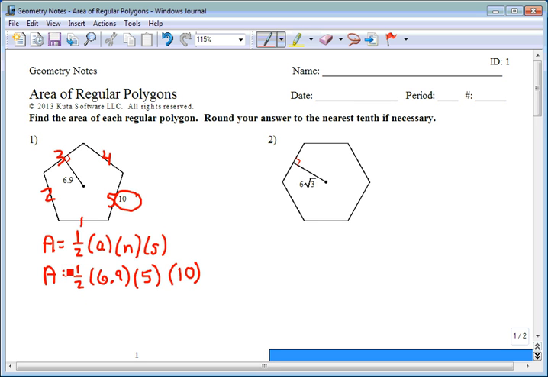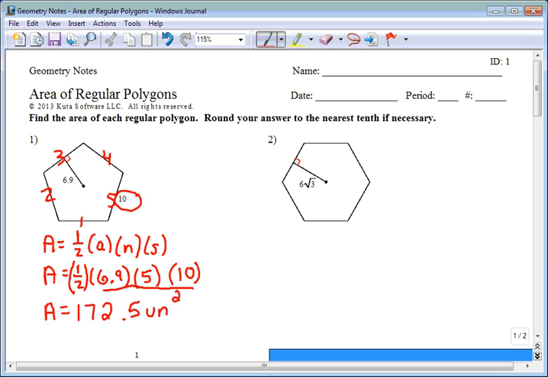At this point, I just have multiplication. All I have to do from here is punch this in my calculator. Now remember, if you're going to punch a fraction in, you need to put it in parentheses so that your calculator will calculate it correctly. When I punch this in my calculator, I should get 172.5 units squared.